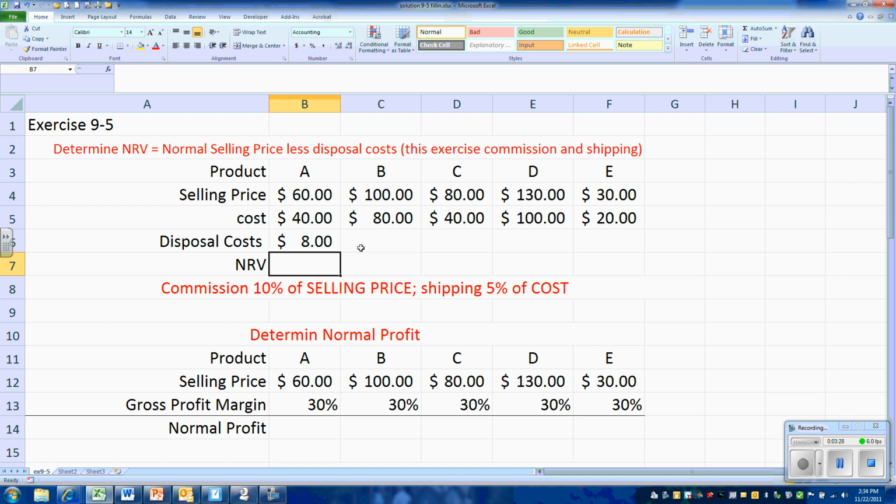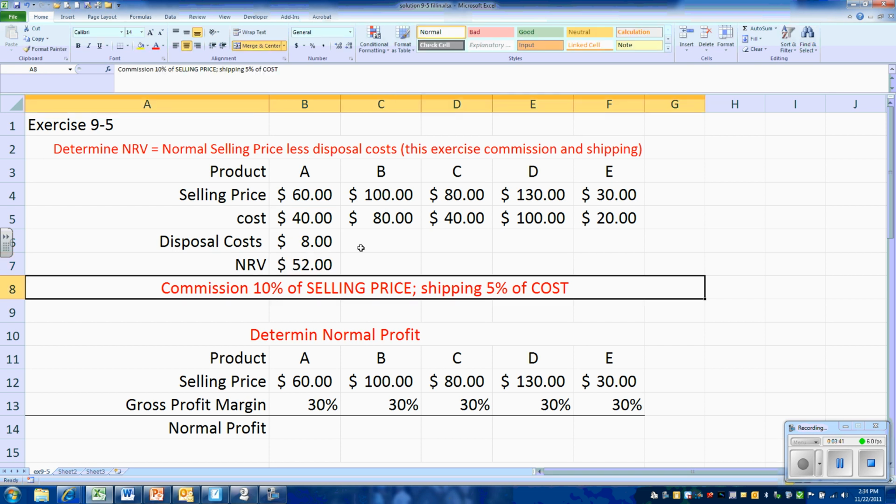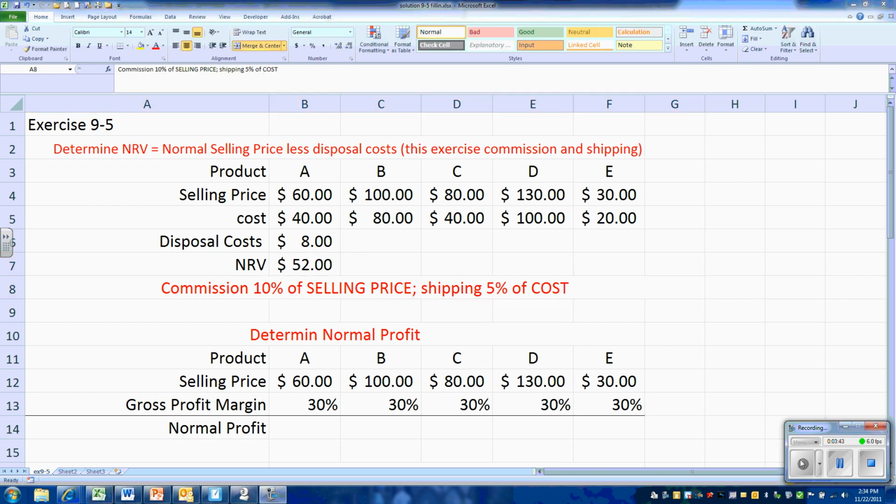So the total disposal cost for the commission and shipping is $8. The net realizable value will be the selling price of 60 minus the disposal cost of 8, or $52.